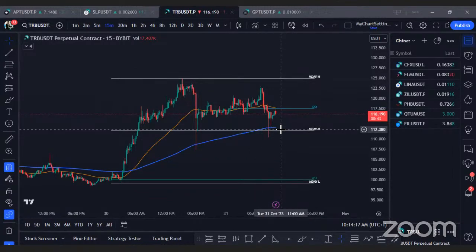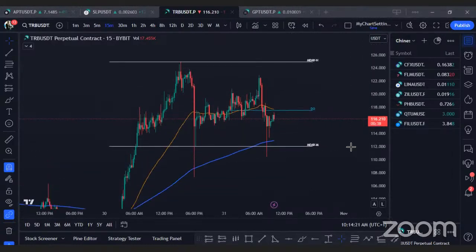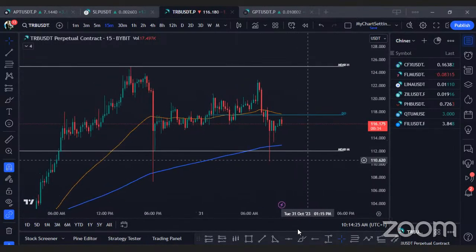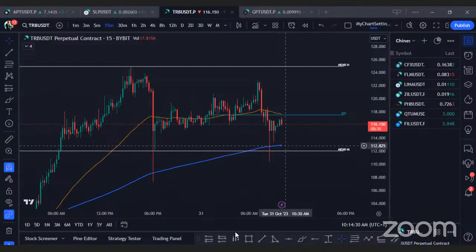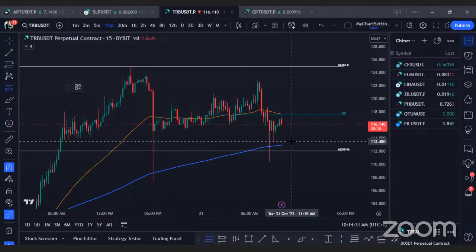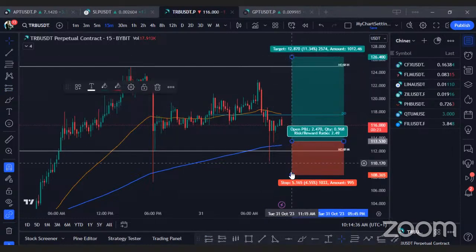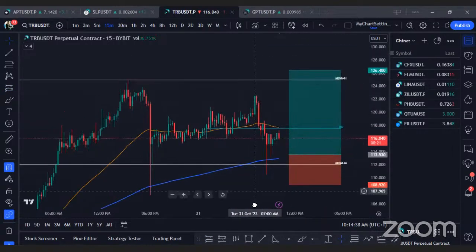Okay, let's look for long at that. Can we get down there again? That's the problem. If we come test that 200 moving average again for TRB, be looking for long. If TRB does come back to that area, we'll look for long, guys. Stop loss where it is.